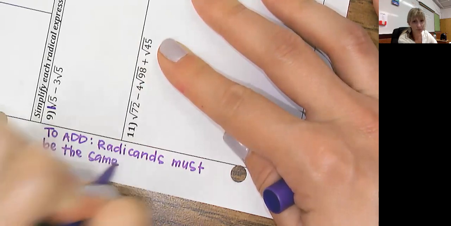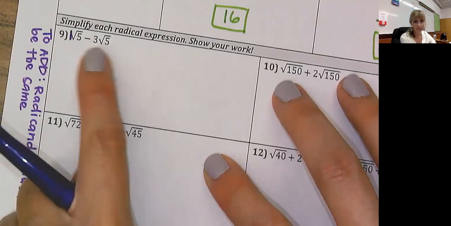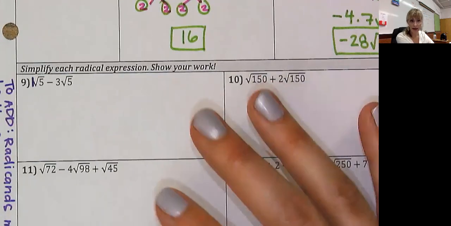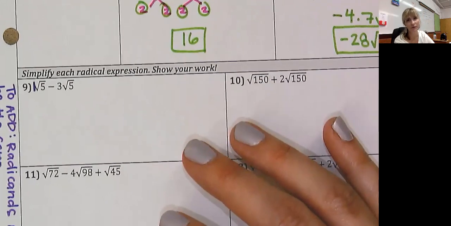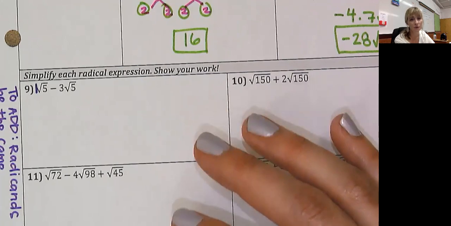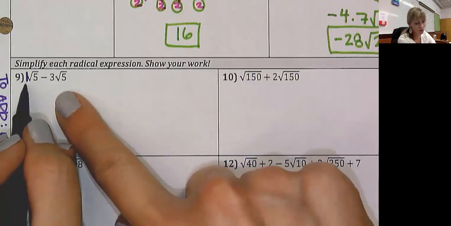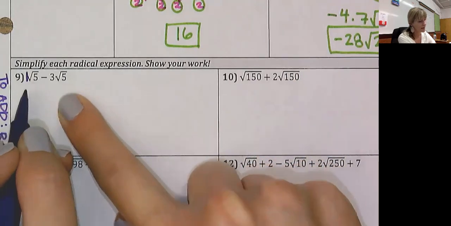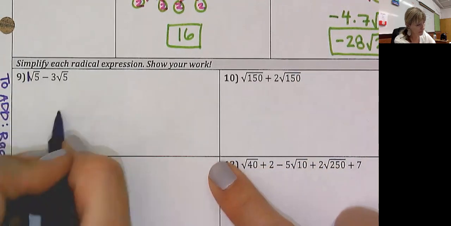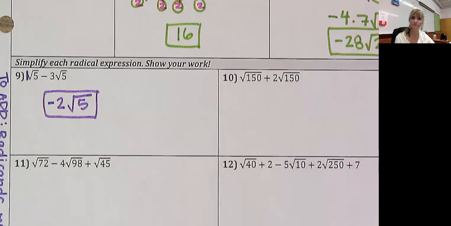Remember, radicand means the number inside the radical. Hey, look, they are the same. So I can combine them. And when I do that, they're going to stay the same. Just like fourths plus fourths is still fourths. Centimeters plus centimeters is still centimeters. Square roots of 5 plus square roots of 5 is still square roots of 5. So all we have to do is combine the coefficients. So 1 minus 3 is -2, and you leave the radicand. It's like combining like terms. 1x plus 5x is 6x.